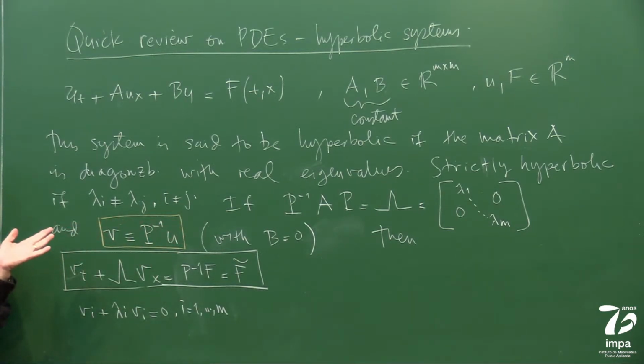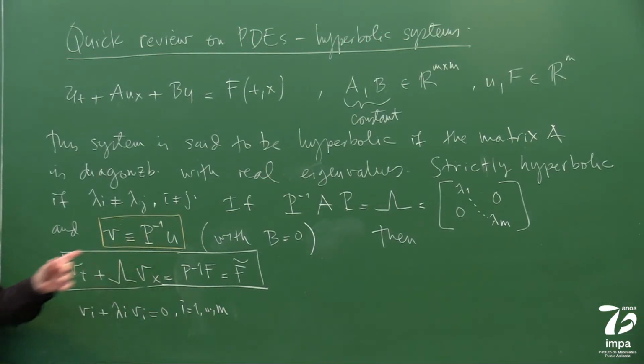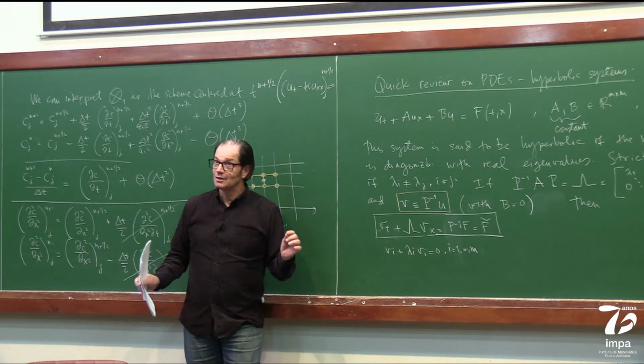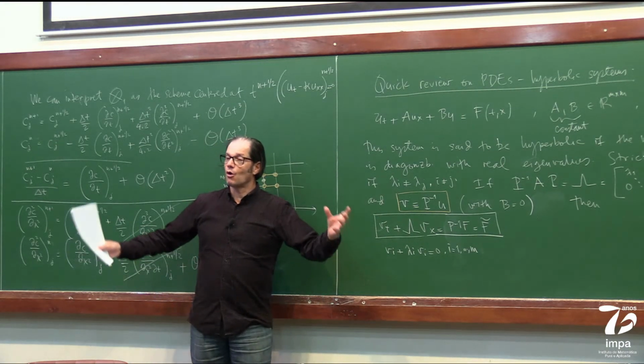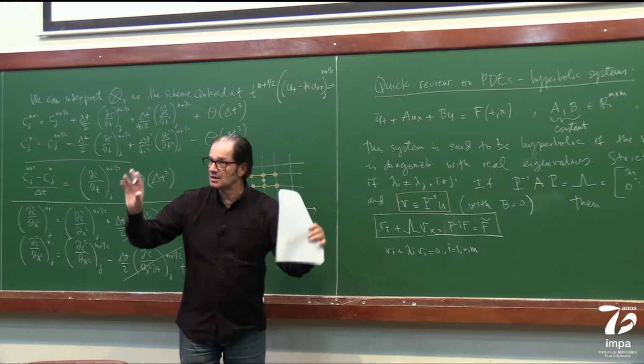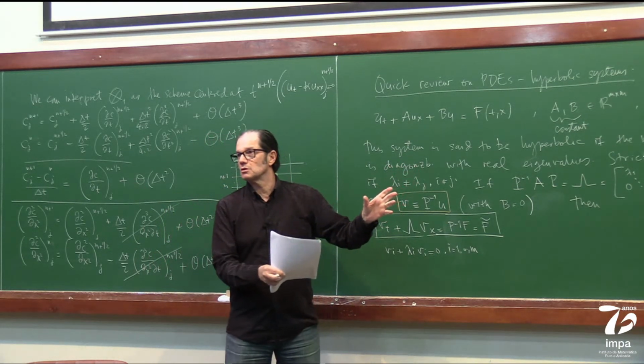The problem is linear. At the end, I can solve for each mode, and then I do the change of variables to come back to u. And I have the solution. So when I come back to u, all the modes get entangled, in the colloquial sense of entangled, and give you the solution.